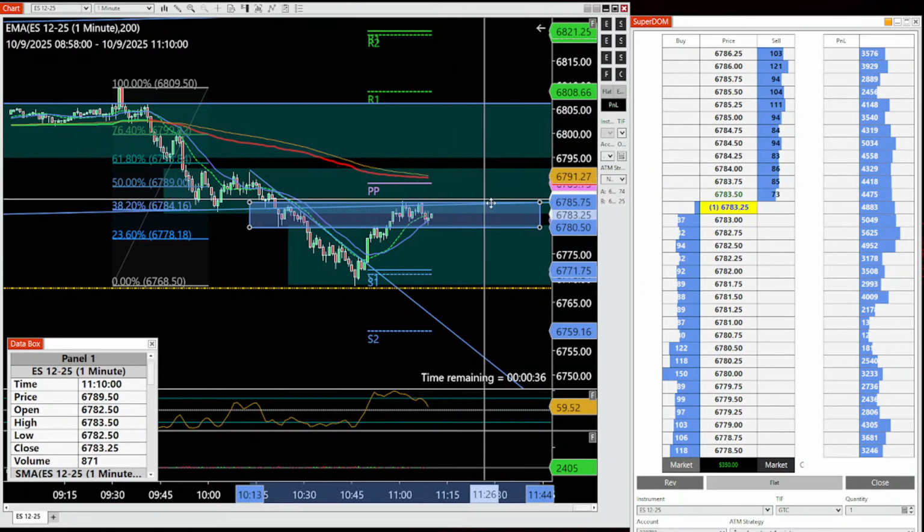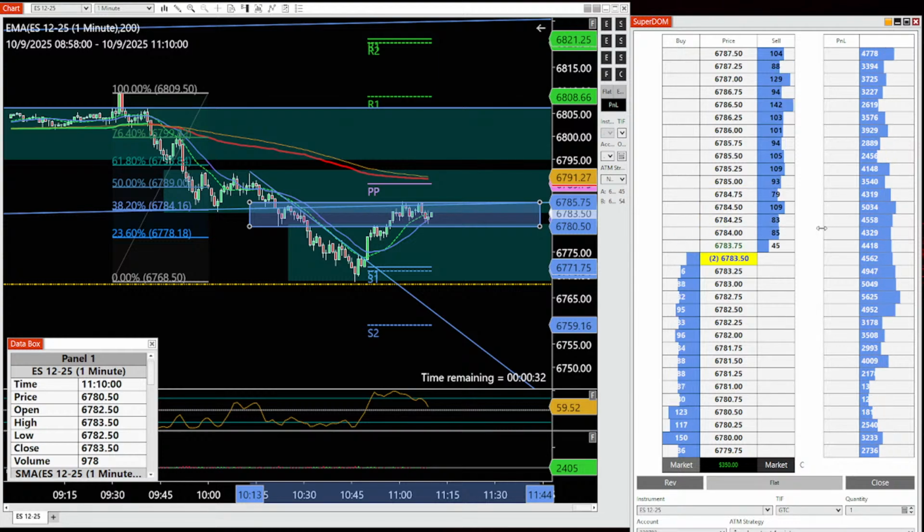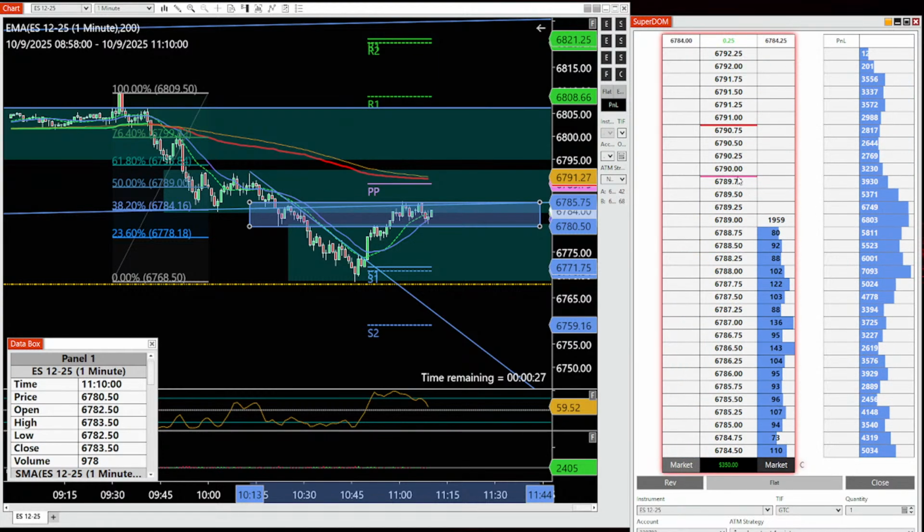Let's look at VWAP. We'll come back up to pivot and VWAP.